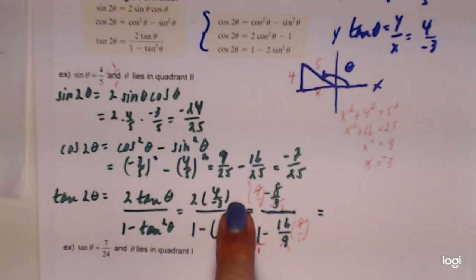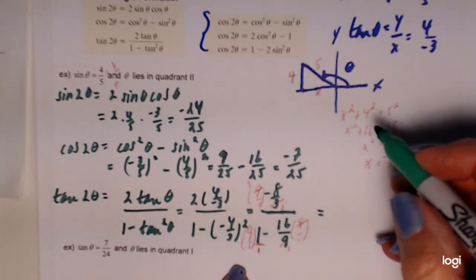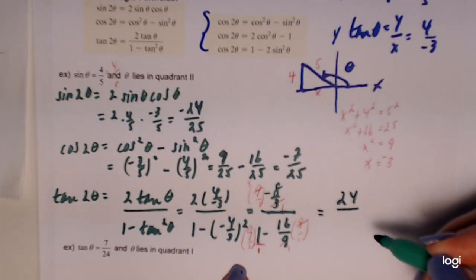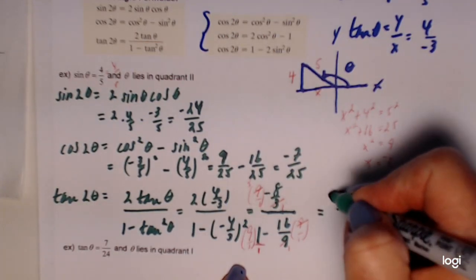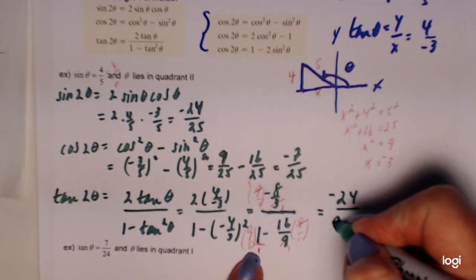In the numerator now, we are left with 3 times 8, which gives us our 24. And then in the denominator, I should say negative 24. I almost lost my negative sign. In the denominator, we have 9, because 9 times 1 is 9.